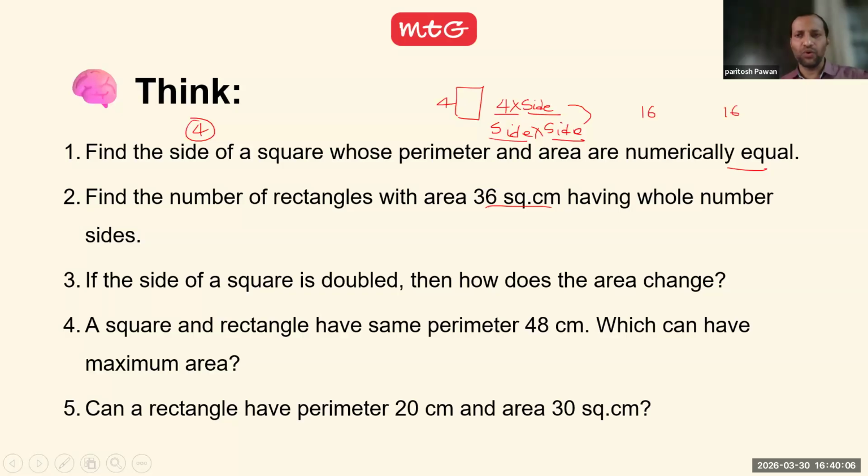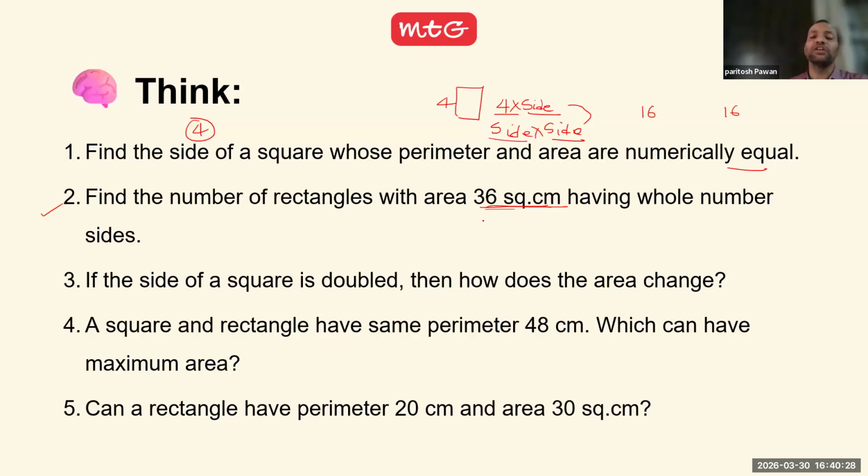No, sir. Okay. Next, question 2 says, find the number of rectangles with area 36 square centimeter and having whole number sides. It means the sides should be whole numbers, not decimals or fractions.